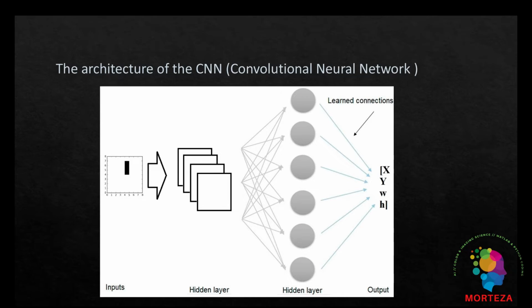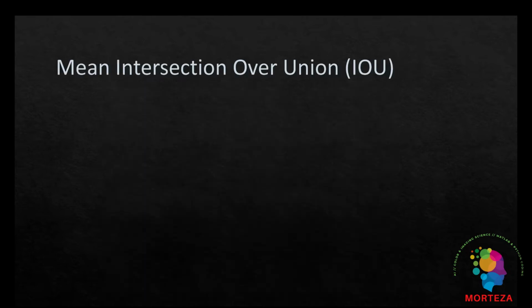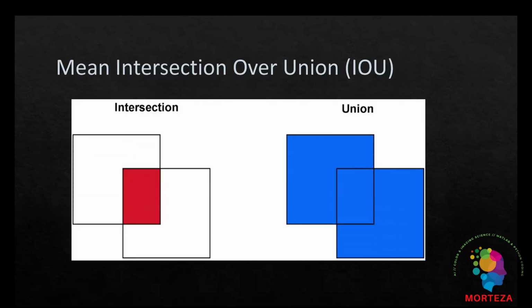This network has already been used in one of the prior videos. And intersection over union computed between the predicted box and the real box is going to be used as a way to evaluate the performance of our network. So intersection over union: one of them is the predicted, the other one is the real box.